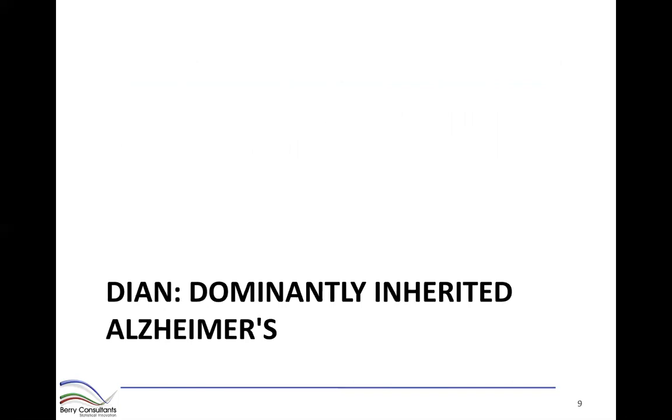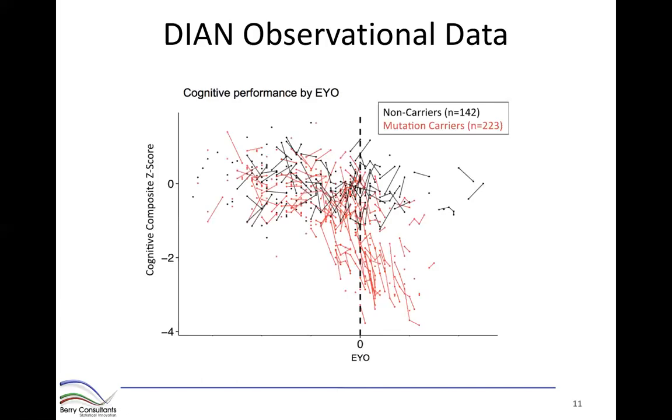So let me go back and give more specific, concrete examples within the DIAN studies and the GNE myopathy studies of how we're using the disease progression models in both of these ways. As I mentioned, in DIAN, we are blessed with very rich natural history data. This is a plot of that data. On the x-axis, we have estimated years to onset. We call this EYO.